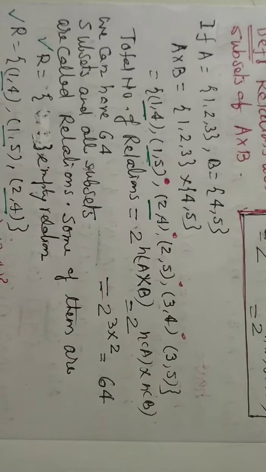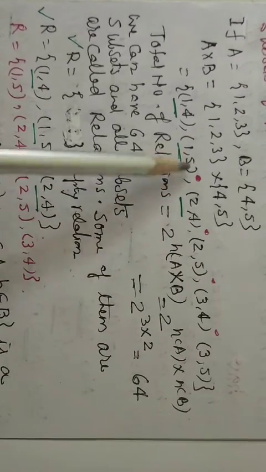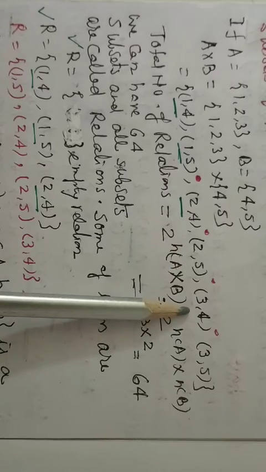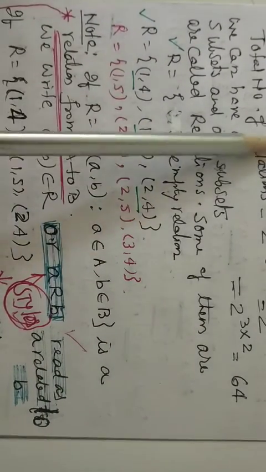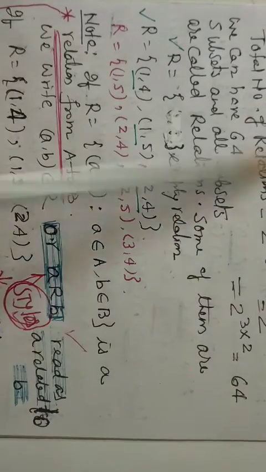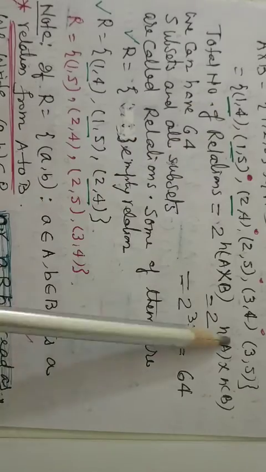This is again a relation. So it depends on us which ordered pairs are selected by you. Now these are the relations. As many as you can take, 1 or 2 or 3 or all you can take. We get the relation from this.